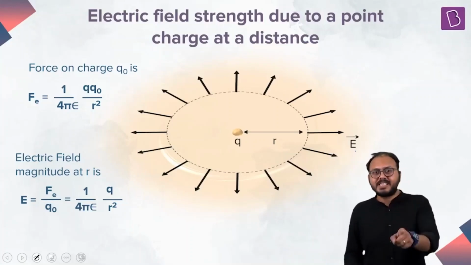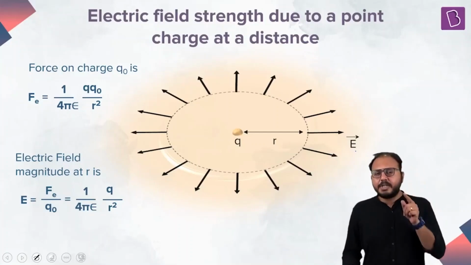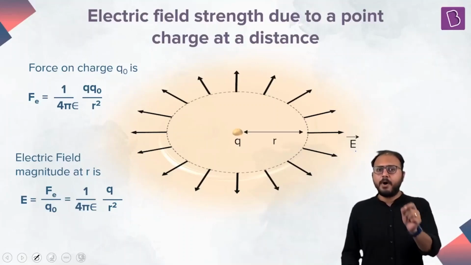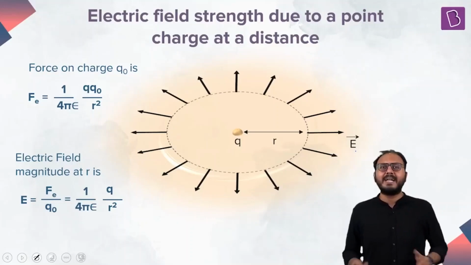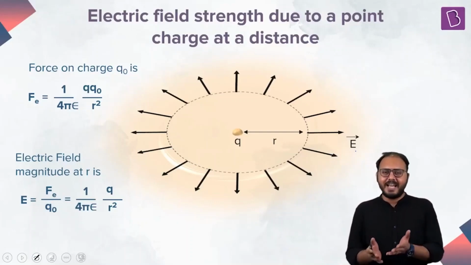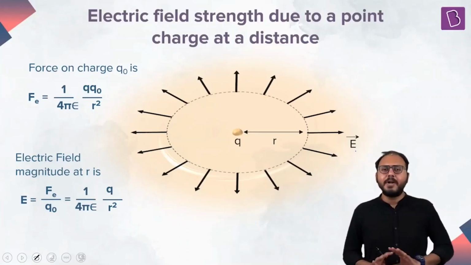Electric field, just like electric force, is a vector quantity. Yes, the magnitude of electric field at every point R away from the Q is same, 1 upon 4 pi epsilon naught Q by R square. But the direction is radially outwards. Can you see the number of arrows? Are any of these arrows in same direction? No. All these arrows are pointing away.